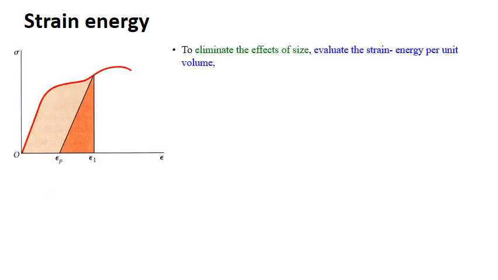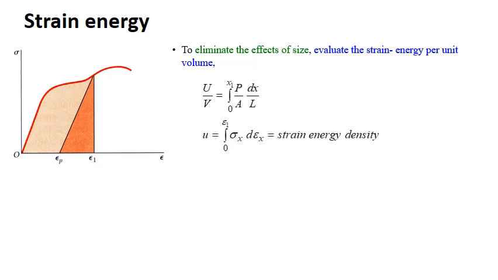To avoid the effects of size, we always express the strain energy in terms of per unit volume. So divided by V, right? Because you might take a component with different size and shape, though it is prismatic, having regular geometry. I can choose a different cross section. So to normalize the strain energy, we normalize with respect to volume.